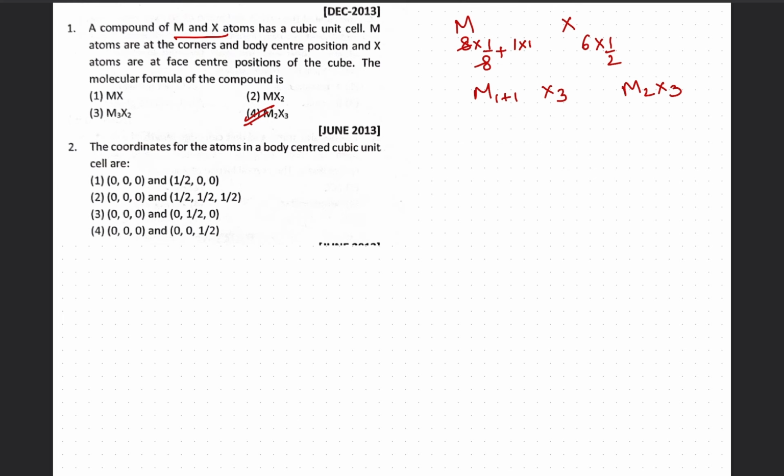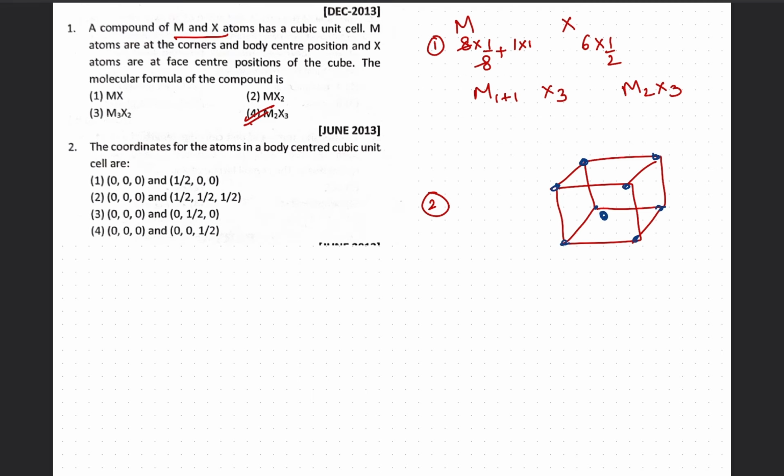Okay. Now the second question, the coordinates of an atom in a body centered cubic unit cell are. We know that in a body centered cubic, so this is a cube, the atoms are present at the corner as well as at the center.